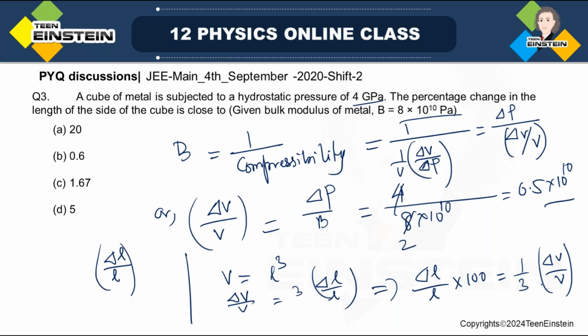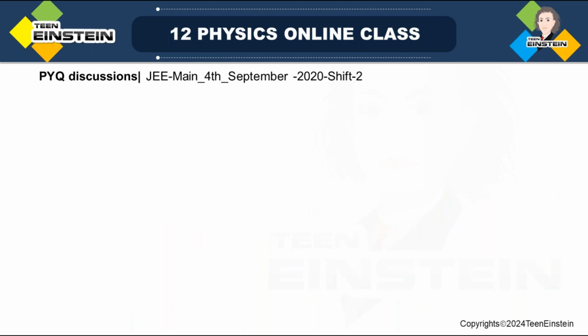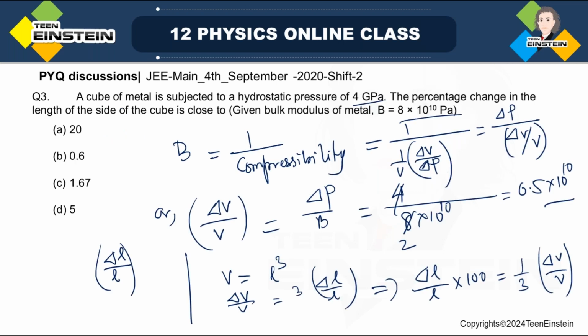So del V by V we have found out, right? We'll just put that value. Delta L by L along with that 100 we have to multiply to get the percentage.